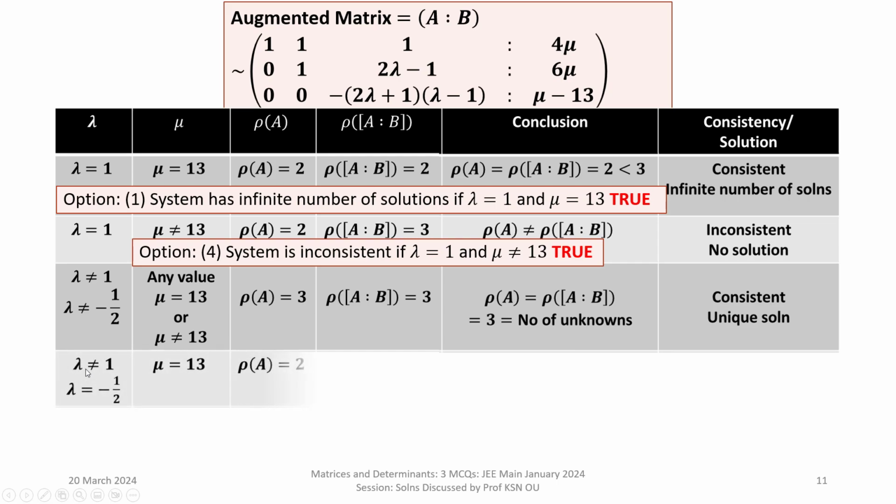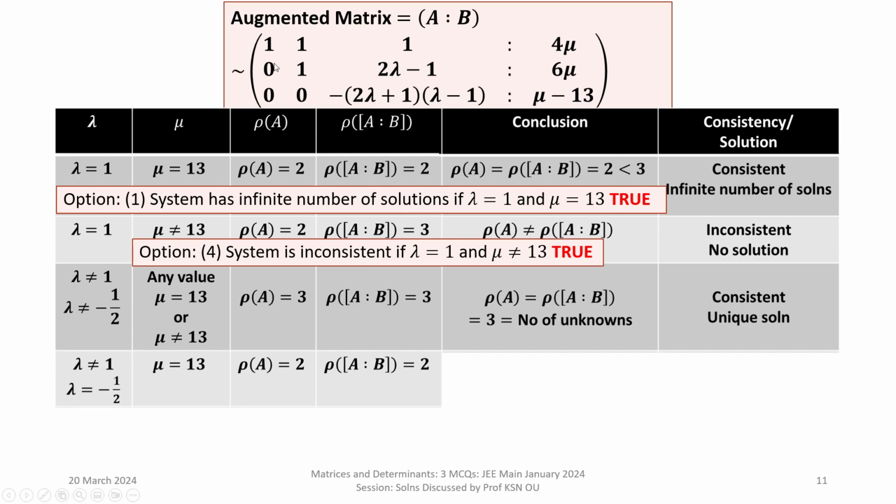So lambda is not equal to 1 and lambda is equal to minus 1 by 2. If you put lambda equal to minus 1 by 2, this will become 0. The rank of A will be 2. And if you take mu as 13, the entire third row will be 0.